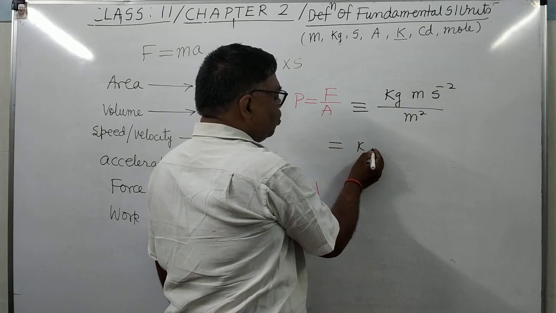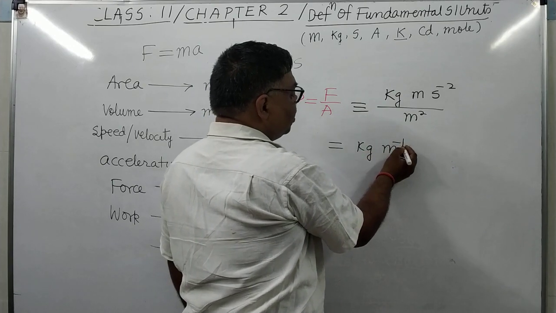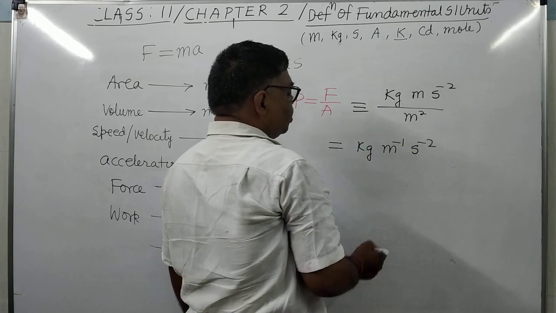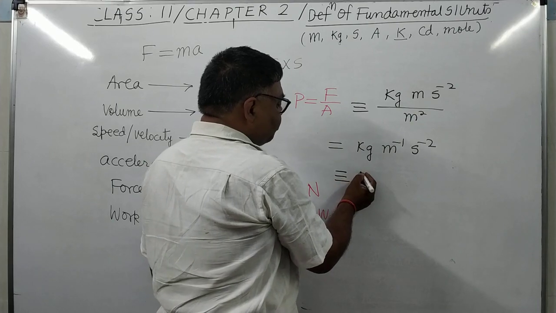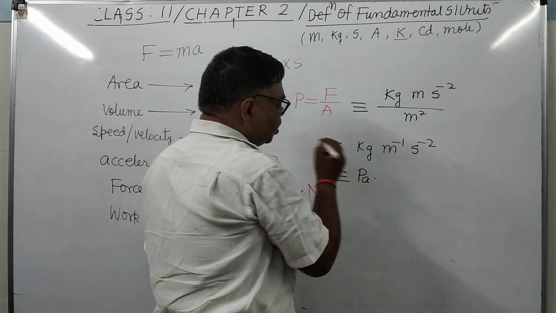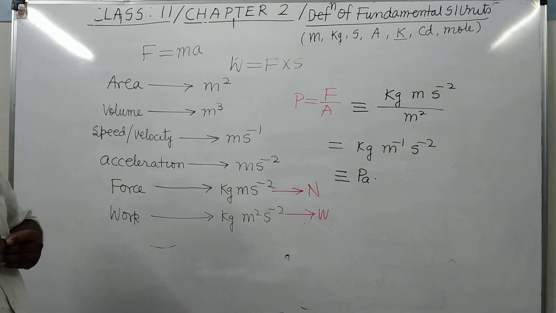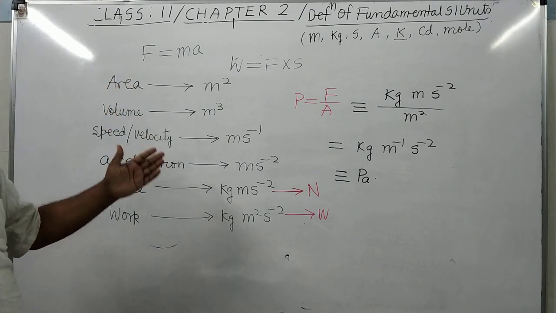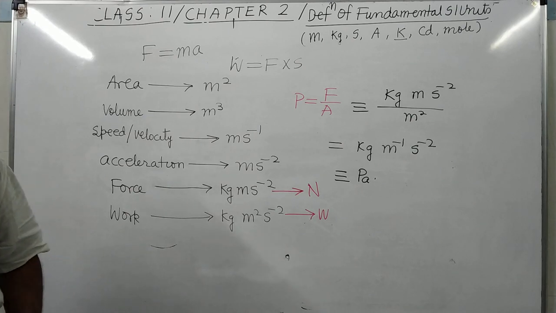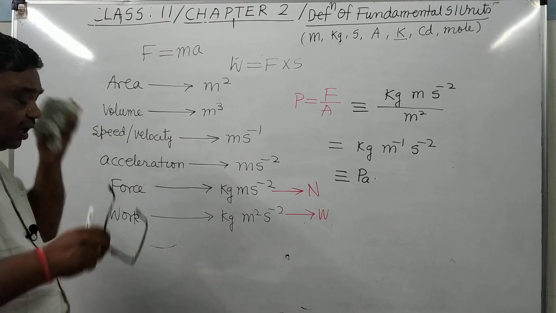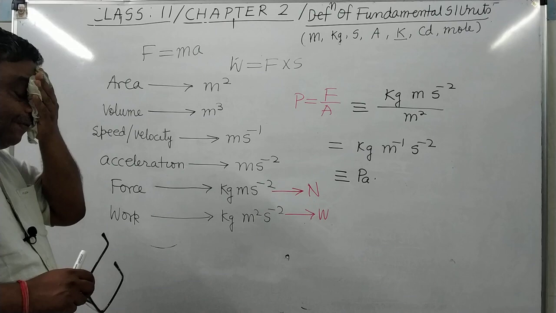So it will be kilogram meter inverse second minus 2, and it is also known as Pascal. Is it clear? So these are the derived quantities and derived units. In the same way, you can write many other derived quantities and derived units.